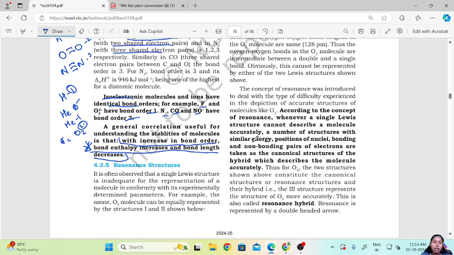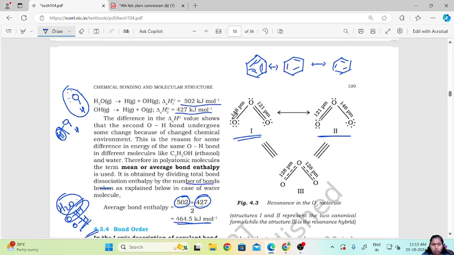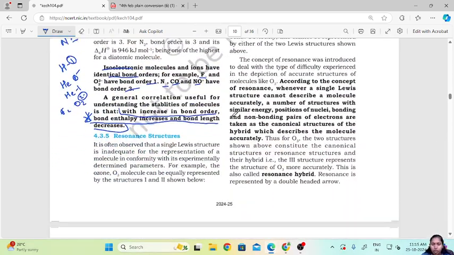Canonical means, like this, either the double bond will be on the left hand side or on the right hand side. You can show them in a canonical form.